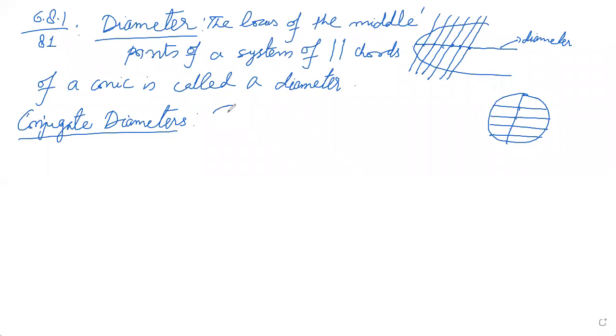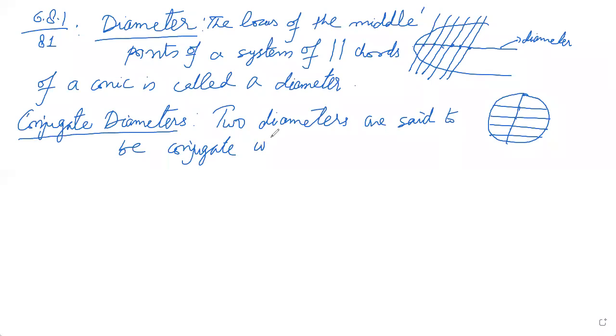So two diameters are said to be conjugate when each bisects chords of the conic parallel to the other.